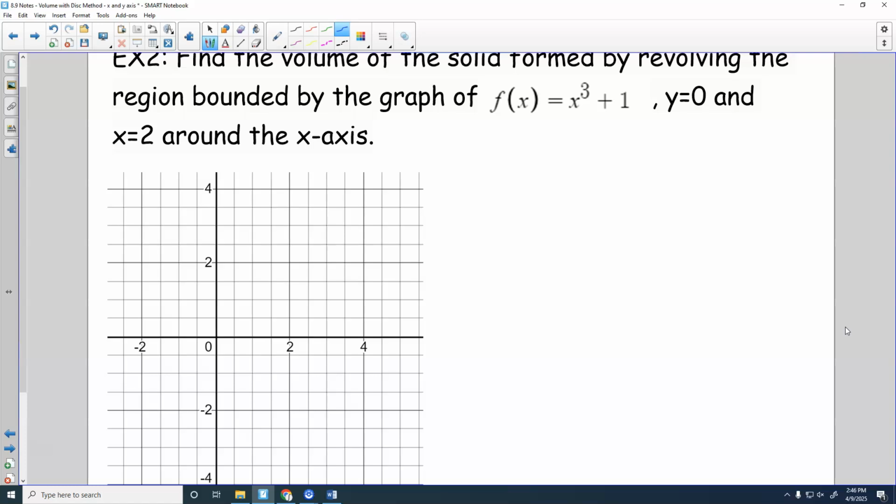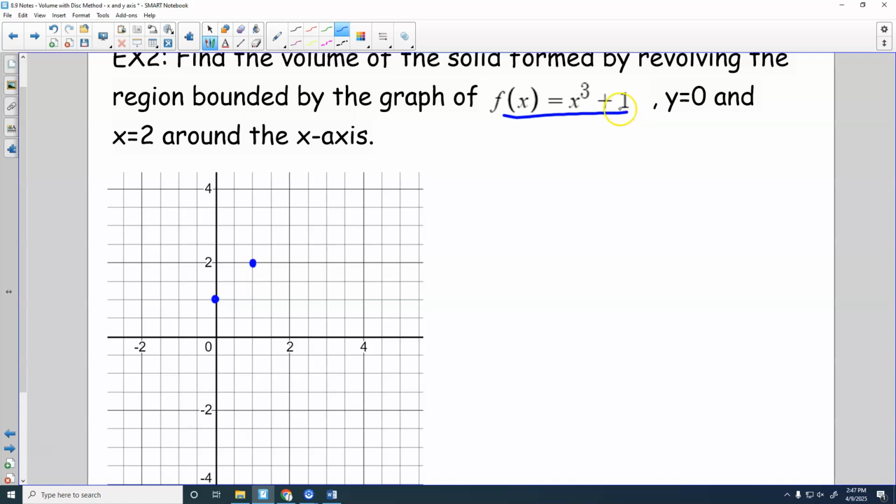So if I do f of x equals x to the third plus 1, it's a cubic moved up 1. If I plug in 0, I'll get 1. If I plug in 1, I'll get 2. If I plug in 2, I'm going to get 9, which is too big. So I'm hoping that is not going to be necessary.